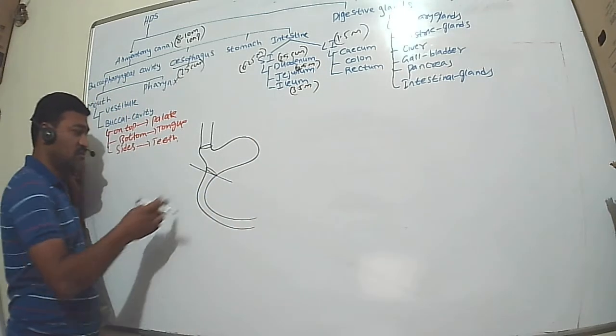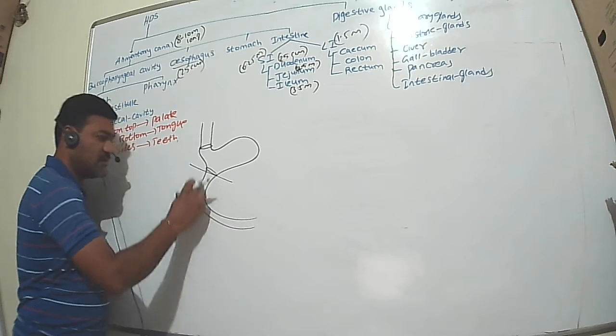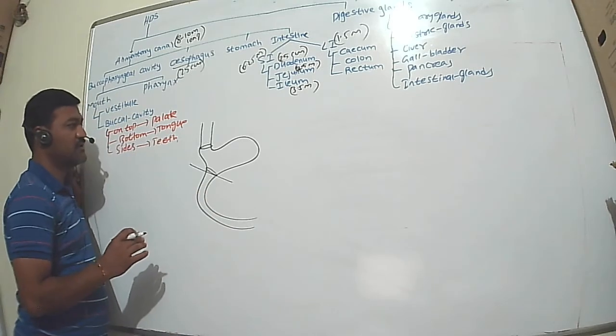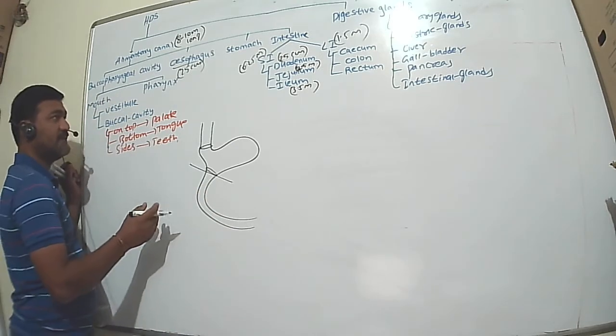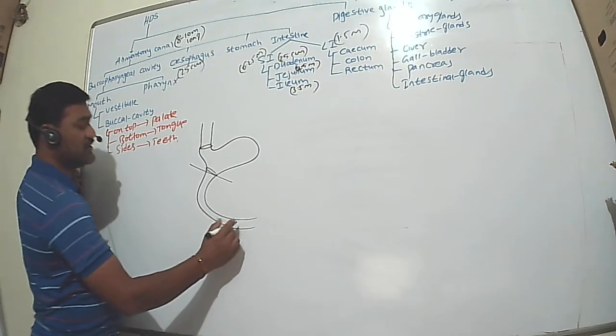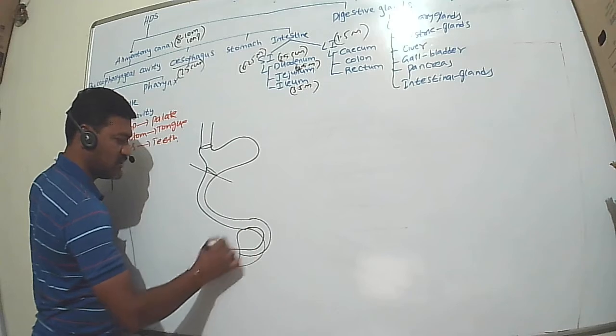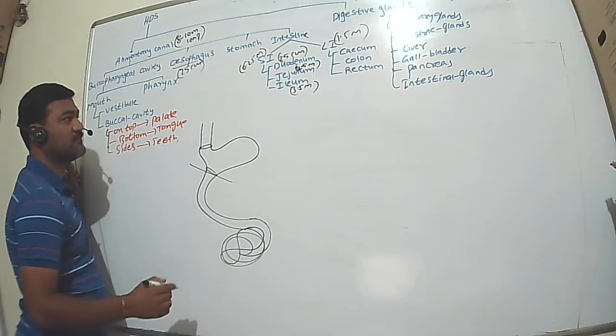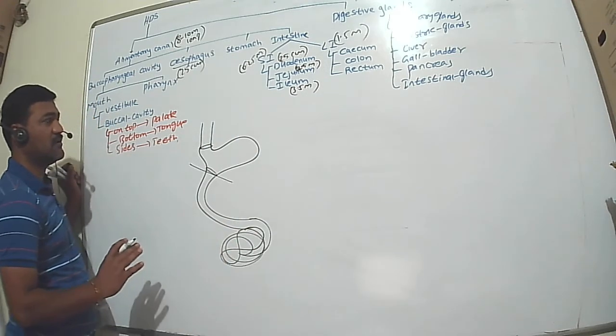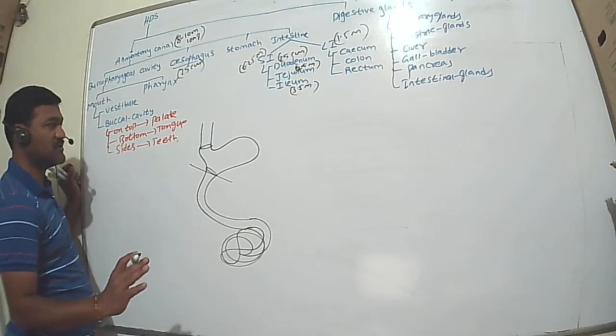The first part of the small intestine is this C-shaped part, called the duodenum, and that leads into the loosely coiled part, which is the jejunum, where almost the complete digestion is finished.